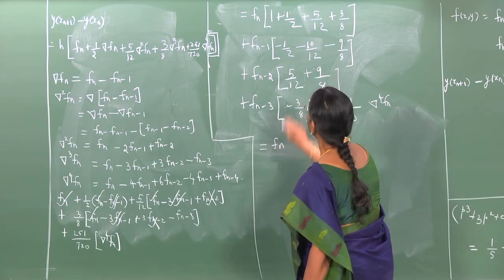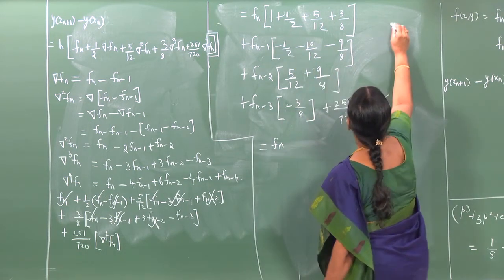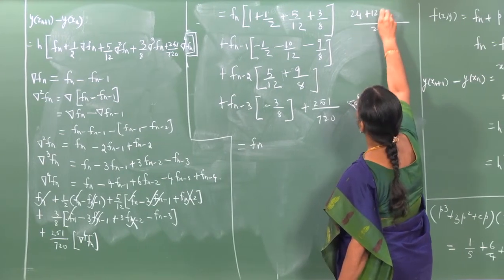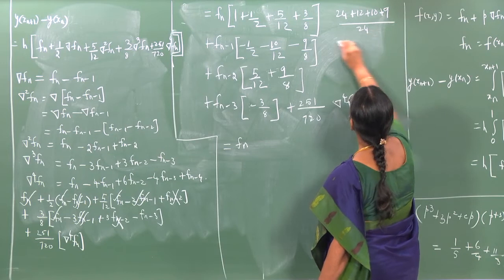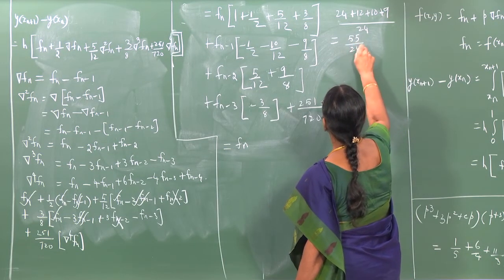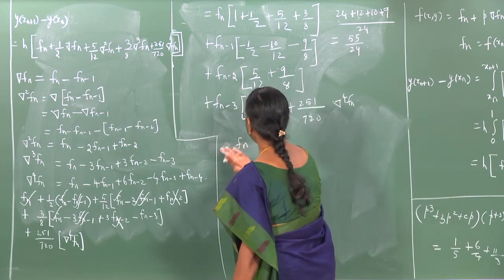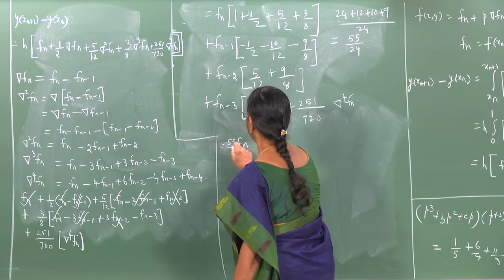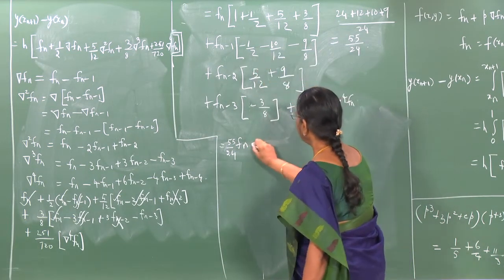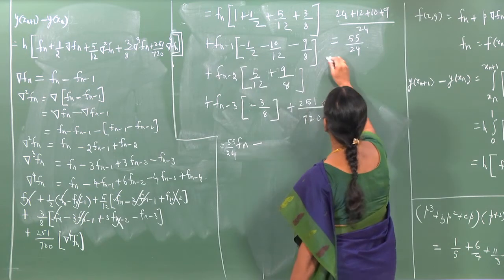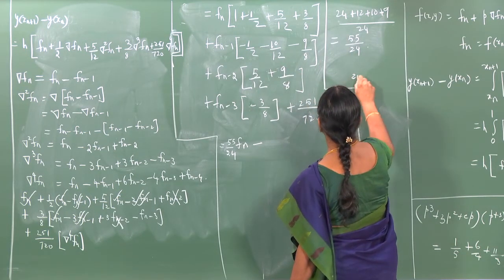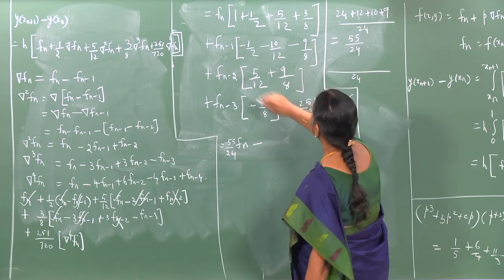So, we have to simplify these. I shall take, say, 24 plus 12 plus 10 plus 9. So, 36, 46, so 55 by 24. So, the coefficient of Fn is 55 by 24. Then I have minus Fn minus 1 into, so I shall now take 24 as common denominator.